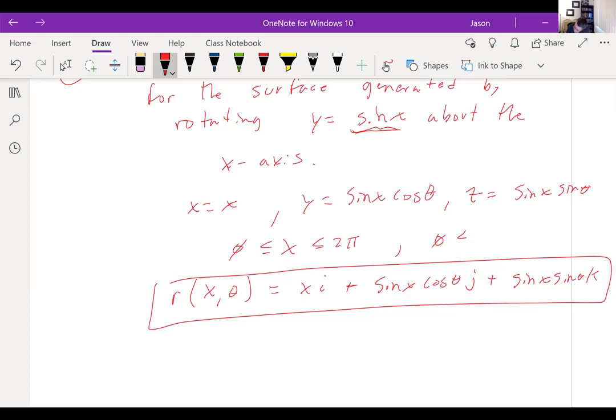So this is 0 is less than or equal to theta, which is less than or equal to 2 pi.